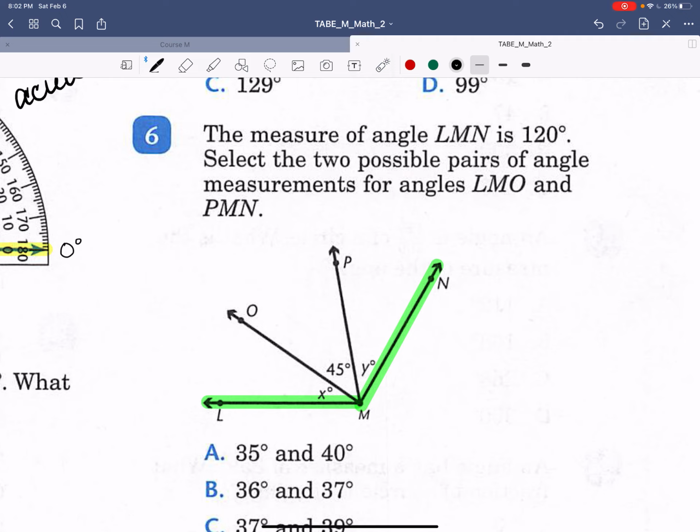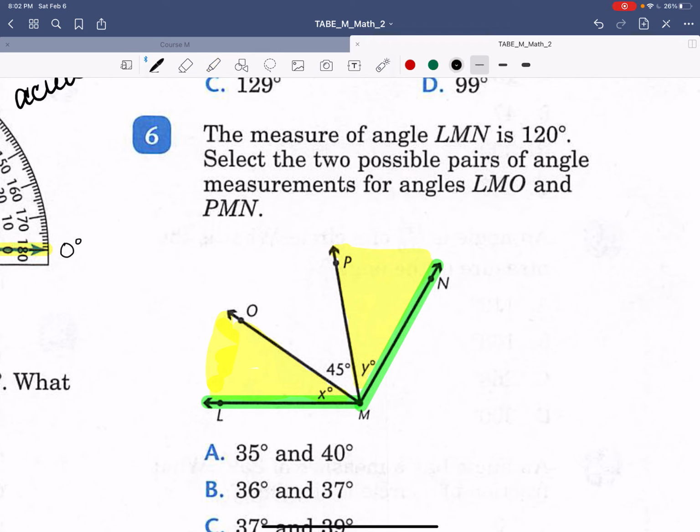Select the 2 possible pairs of angle measurements for angles LMO, which would be this one, the X, and angle PMN, which would be the Y. So we're looking for 2 possible choices that could be X and Y.